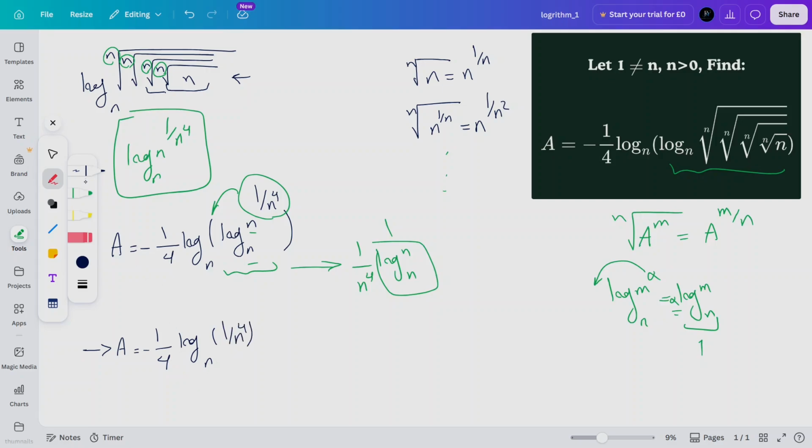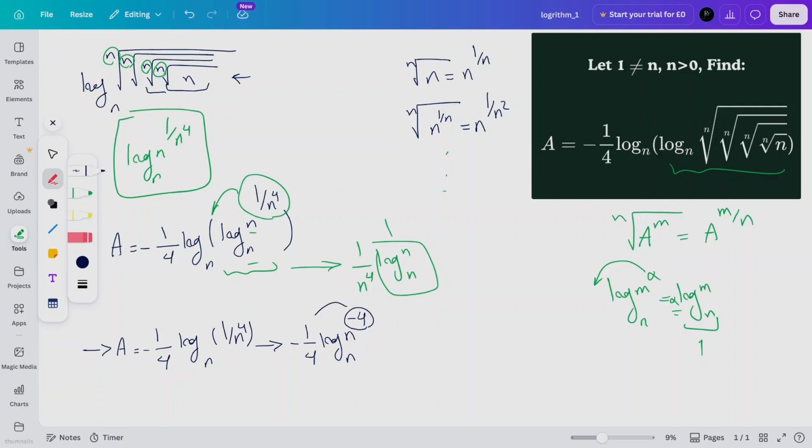That's it. So now let's see what we can do. We have 1 over n to the power of 4. So I can just simply write that as n to the power of minus 4. So we can apply all these rules from here again. So it's going to look like this: minus 1 over 4 logarithm of n to the power of minus 4.